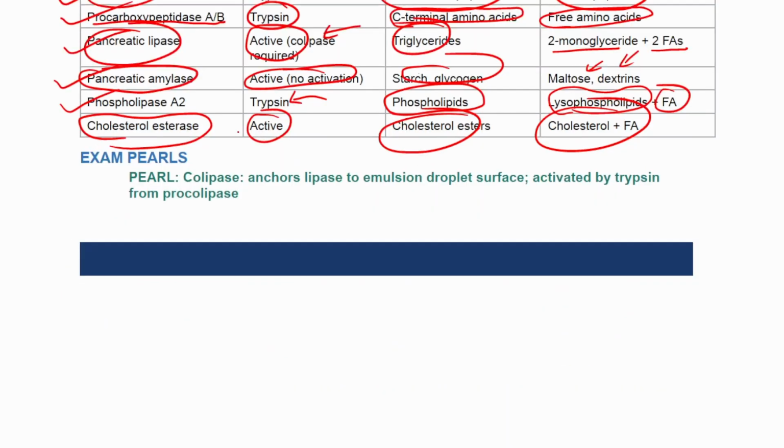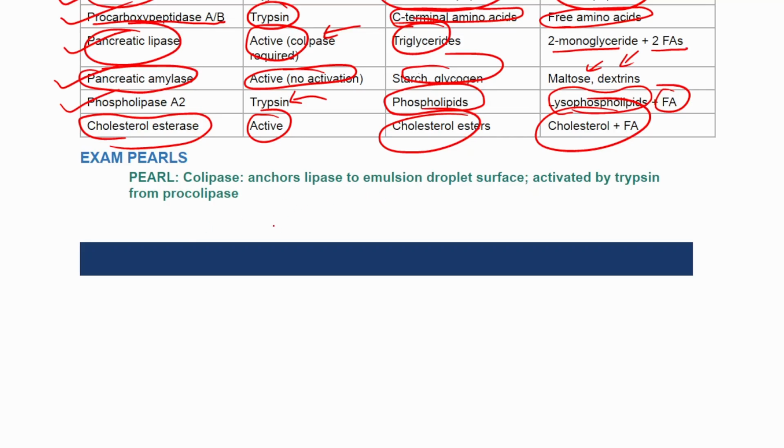Cholesterol esterase is secreted in a fully active state, breaking down cholesterol esters into free cholesterol and fatty acid. Examiners routinely build tricky questions around the specific end products of these proteases. You must remember the trap that trypsin, chymotrypsin, and elastase are endopeptidases that only yield smaller peptides. Only the exopeptidase, carboxypeptidase, cleaves C-terminal amino acids to yield true free amino acids.